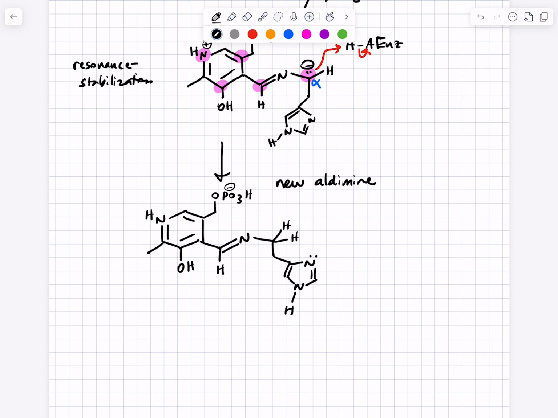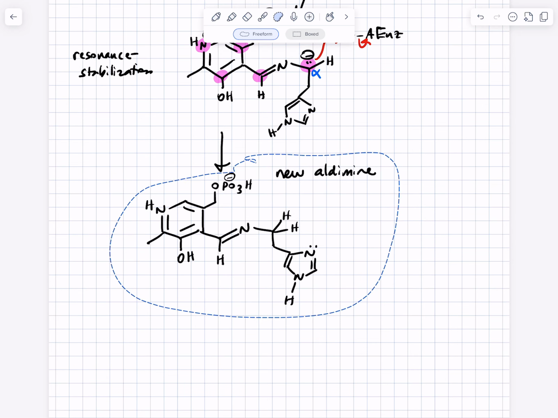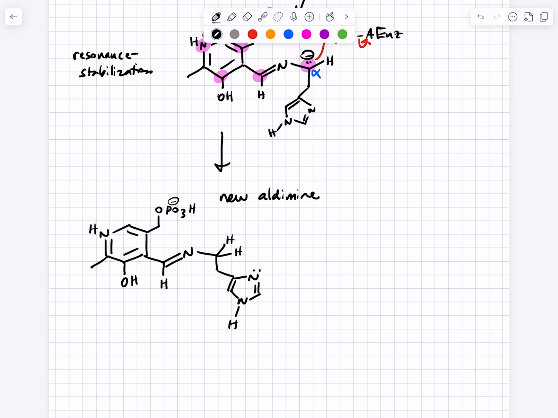Okay, now we're going to do imine hydrolysis to get back PLP. Remember, in imine hydrolysis, we add H3O plus. We break the bond between the carbonyl carbon and the imine nitrogen.